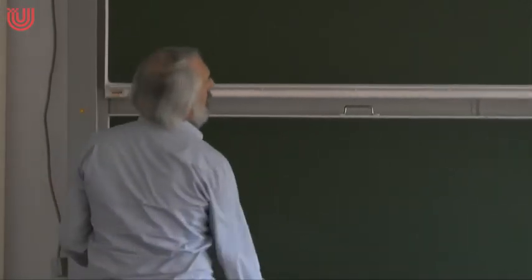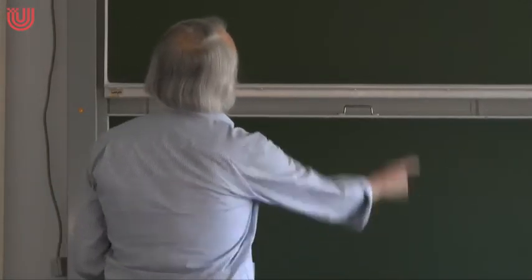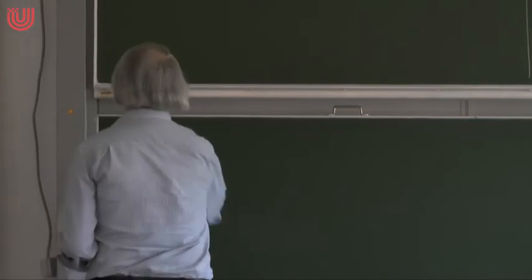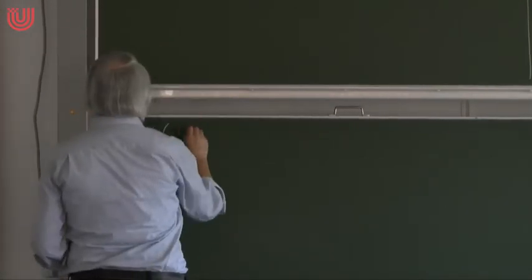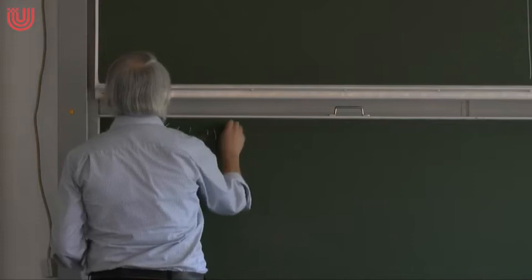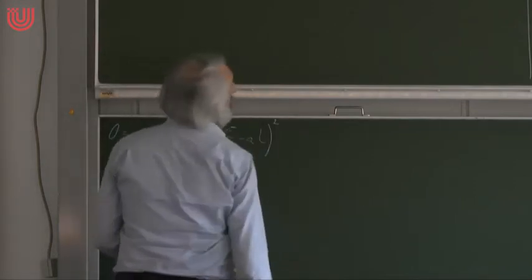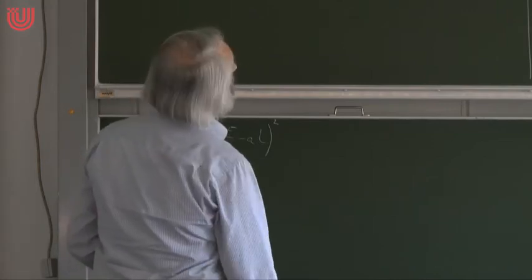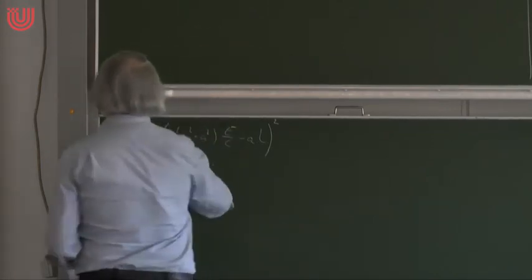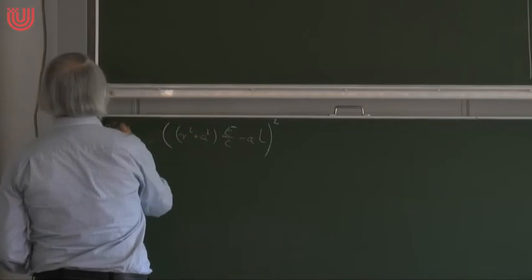So I have 0, that is r prime equals 0, is minus delta, r squared plus a squared, E over c, minus a L, squared.